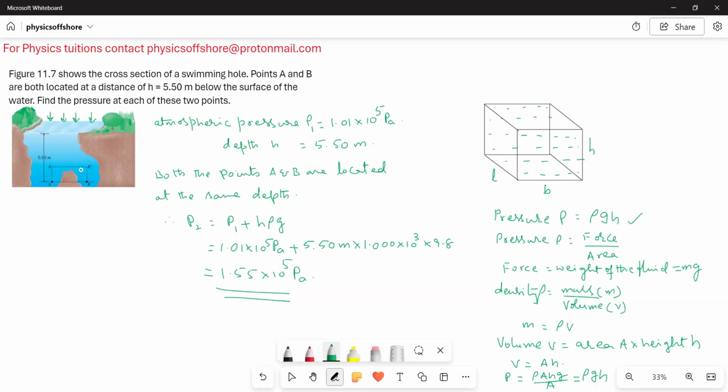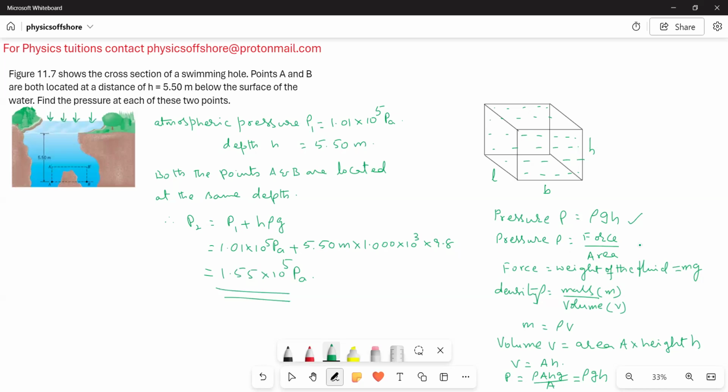Here, the force is the weight of the water on this point, either at A or B, wherever it may be. The force acting on A or B is the weight of the water. Whatever water mass is there above this point, that water's weight will be acting at A or B, or both A and B.